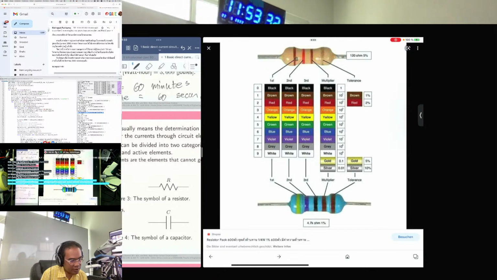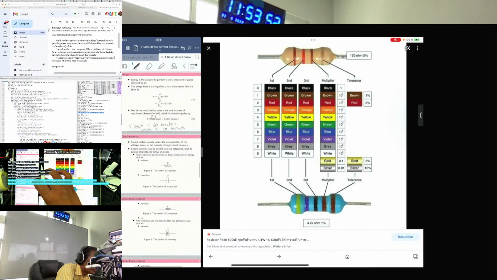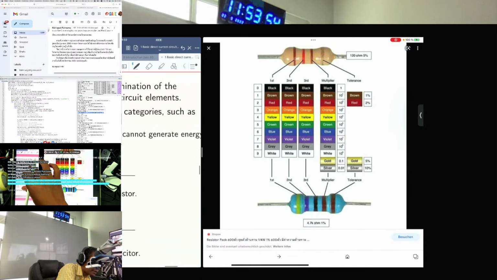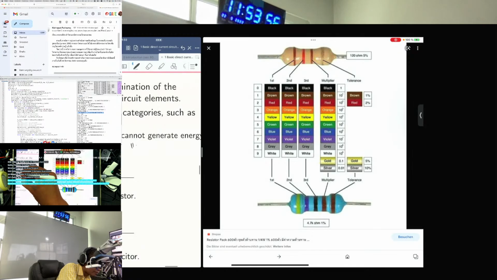For example, this one is brown, right? I think it's brown. Brown means number one. So you have number one here. Let me write down number one. You have brown as number one.